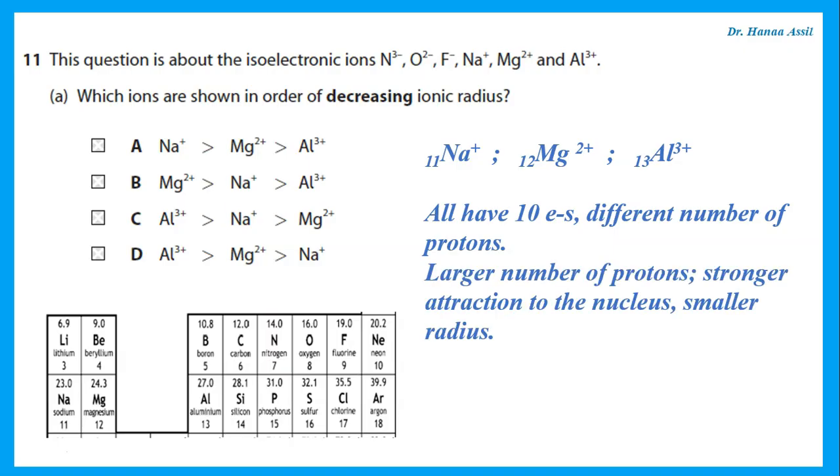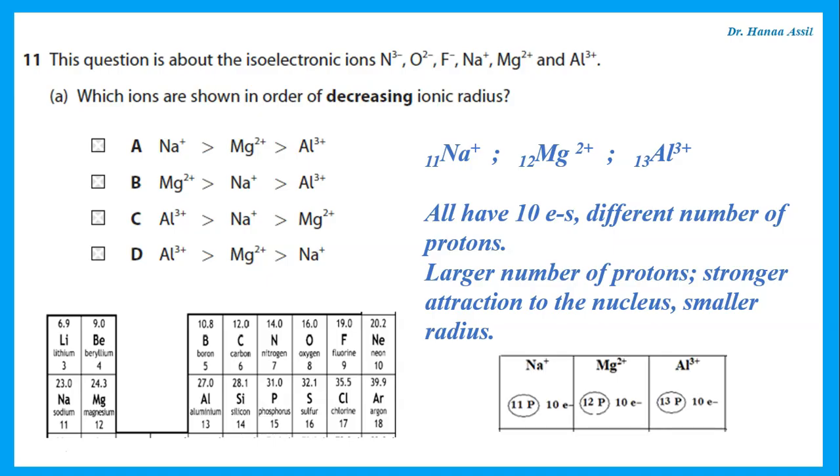And of course, you should know, the larger the number of protons, the stronger the attraction to the nucleus. So these 10 electrons will be more strongly attracted if the nucleus has more protons, and therefore the radius will be smaller. So which of these are smaller? Remember that sodium, magnesium, aluminium, 11, 12, and 13. So these are the decreasing ionic radius.